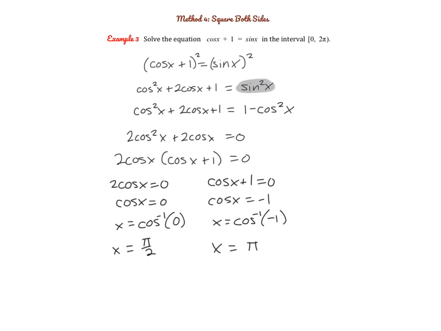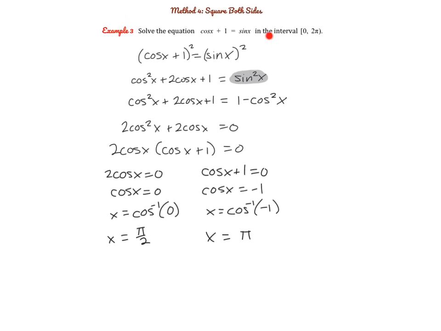Now, for this problem, if you look at the original equation, they actually give us an interval for our answers, which means we don't need to write it in a repeating way. So they just want all of the answers between and including 0 and up to 2 pi, but not including 2 pi.